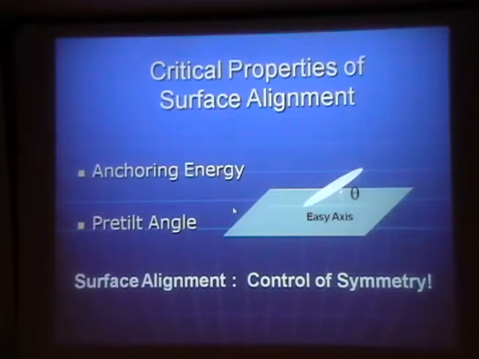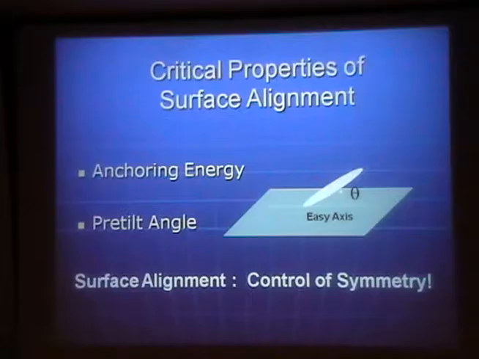So when we talk about surface alignment, there are two critical parameters that we need to stick with. One is anchoring energy, which is the stability coefficient of alignment on the surface. The other one is the pretilt angle.